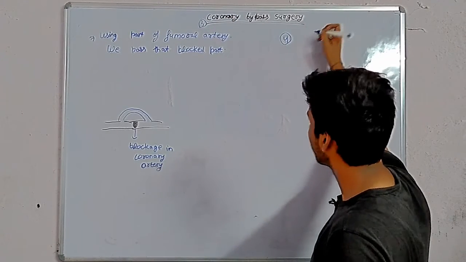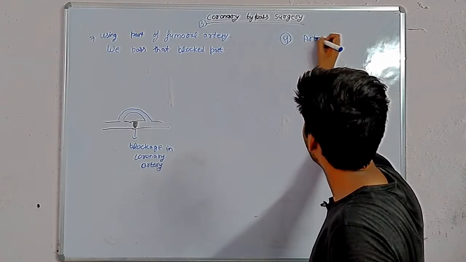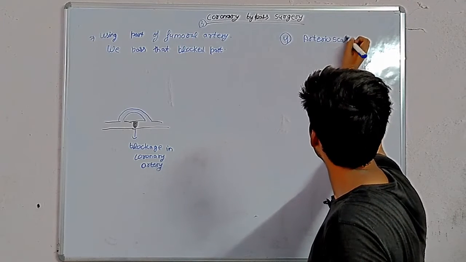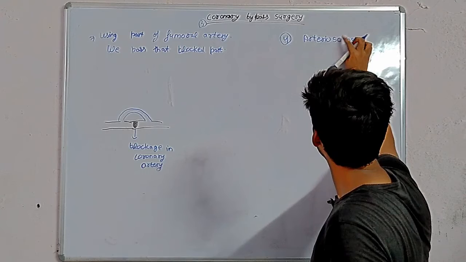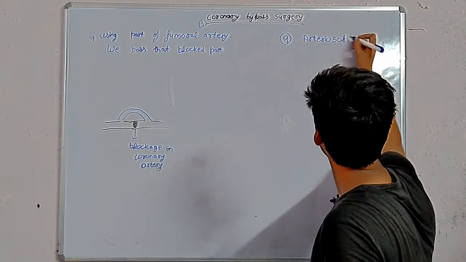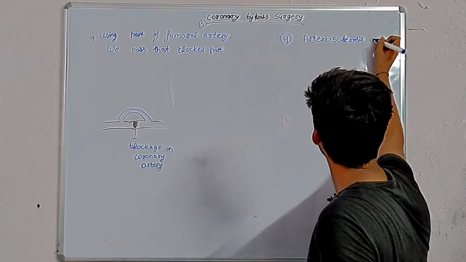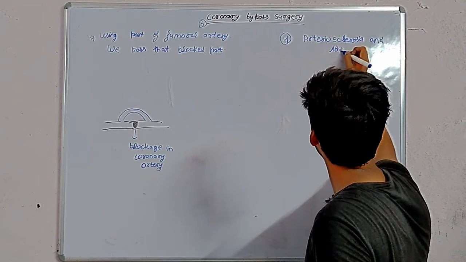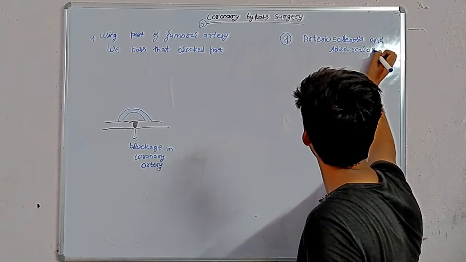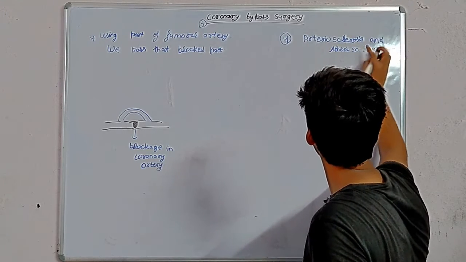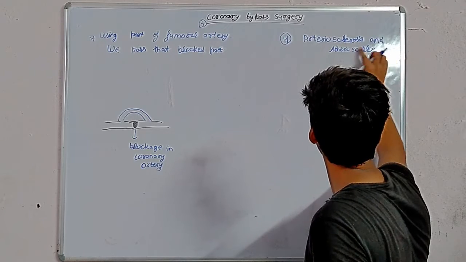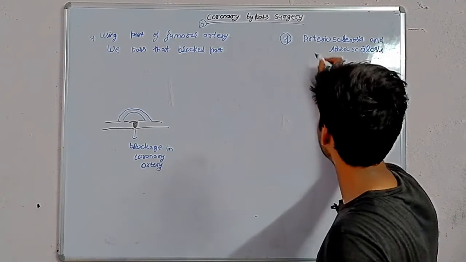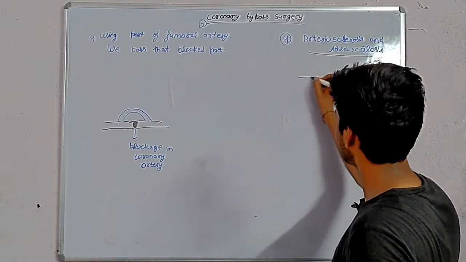The fourth clinical is arteriosclerosis and atherosclerosis. Let's say this is a vessel.